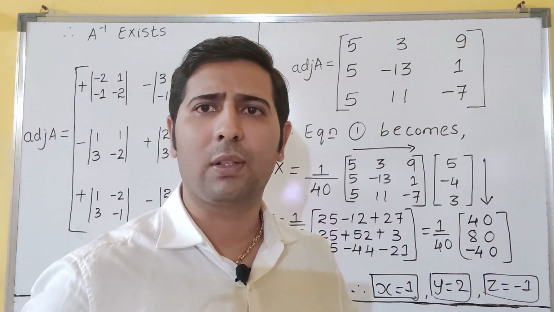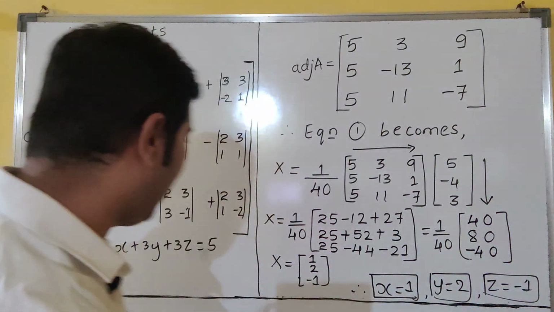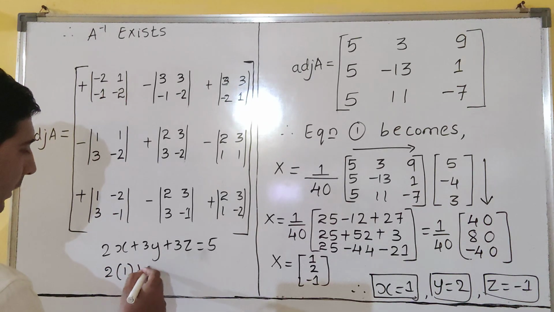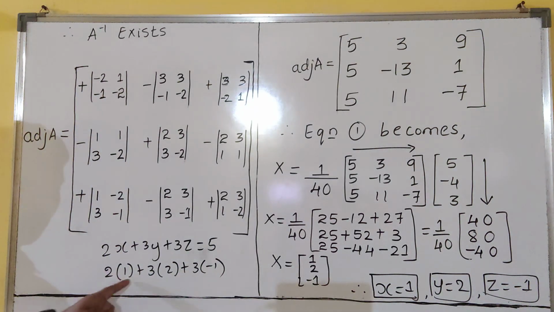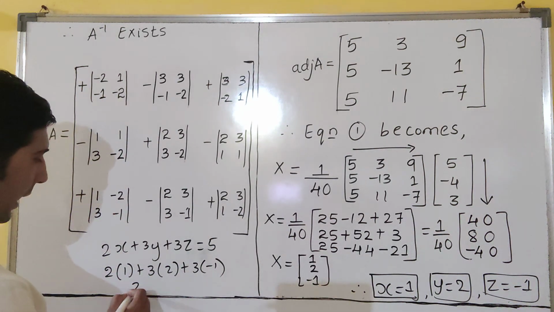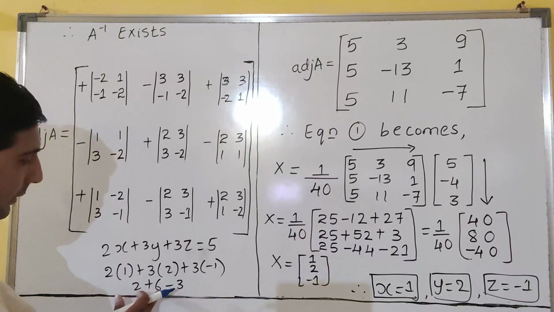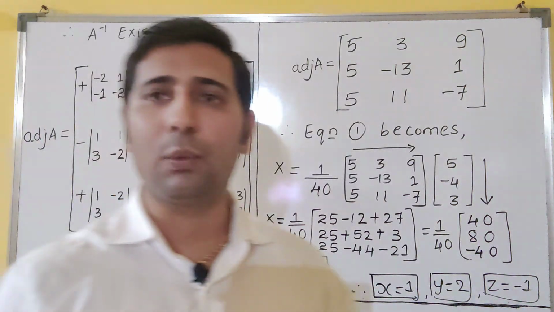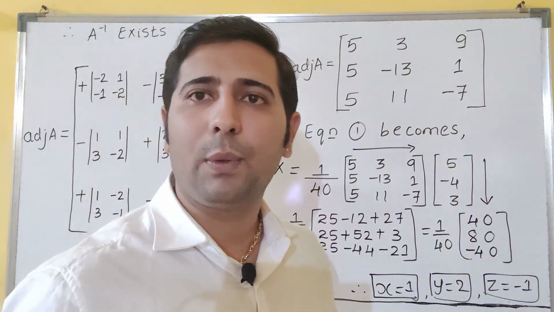It is not required, dear students. We can verify ourselves. I will substitute: 2 into 1 is 2, 3 twos are 6, 3 into minus 1 is minus 3. So 6 minus 3 is 3, and 3 plus 2 is 5. That is 100% the correct answer, dear students.